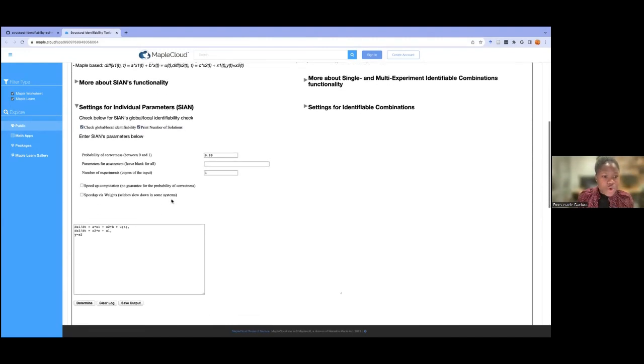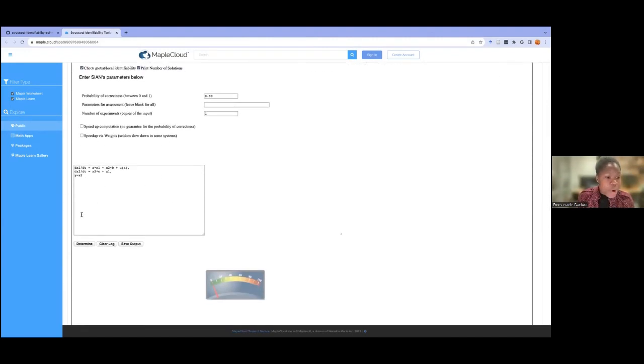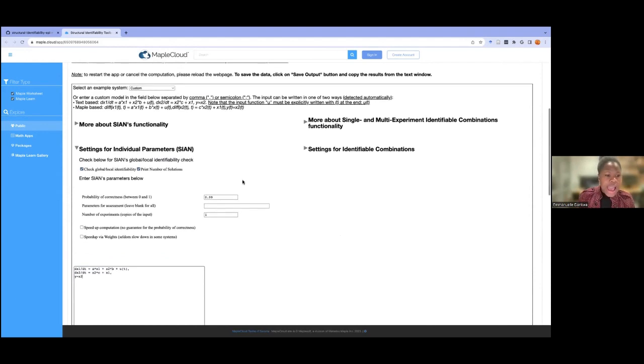And when you scroll down, there's a box here where you can insert your model. And when you click on determine, it gives you the results for the structural identifiability of your parameters.